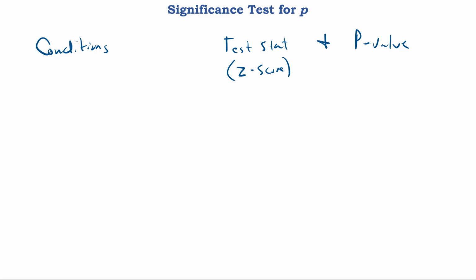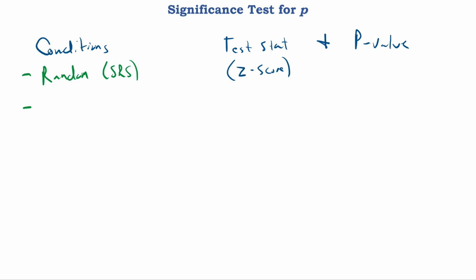For our conditions, we need to have a random sample. It could be a simple random sample, or the problem may just say random. That's the first condition that has to be met.